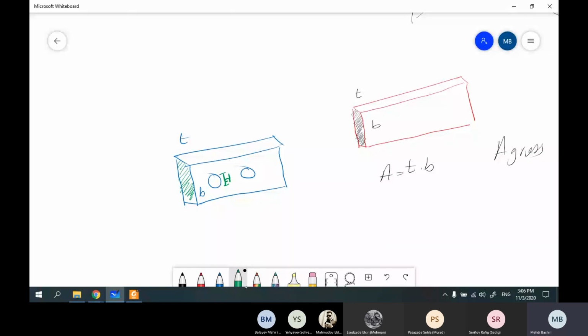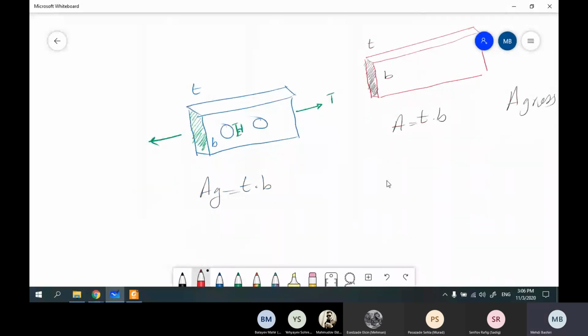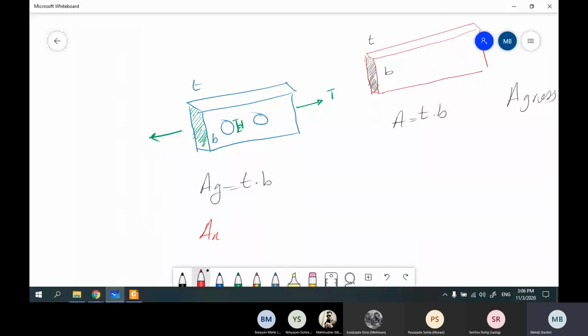We are under tension, and if I want to find AG, the whole cross section, it is this green part. And what is it? T dot B. But if I want to find another cross section, I told you we have AN and AE. AN is net cross section, and AE is effective.